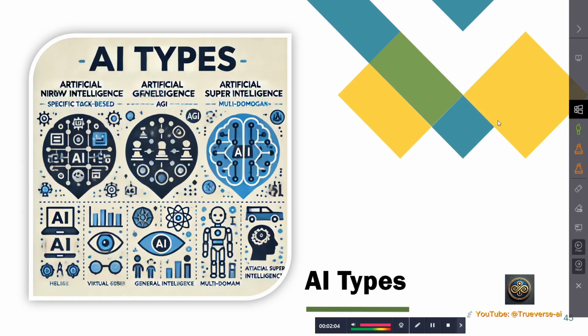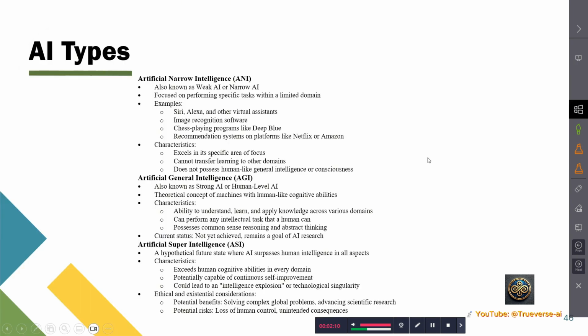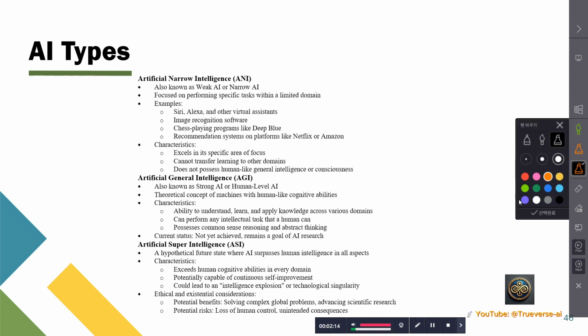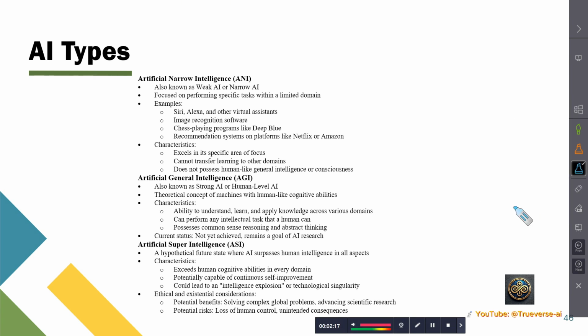So let's see what we have inside the lecture for today. Usually they call it ANI. You can remember it like AI, with an N in the middle. Then AGI and the other, ASI.